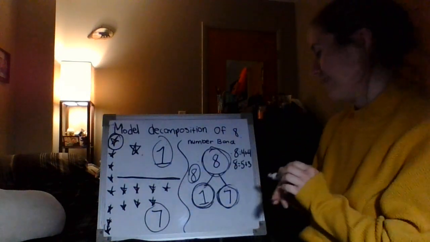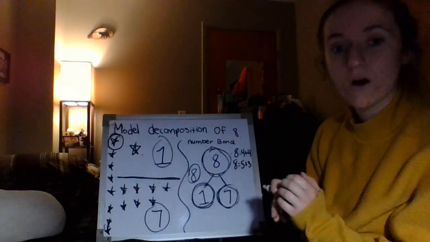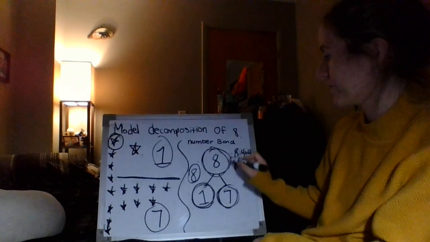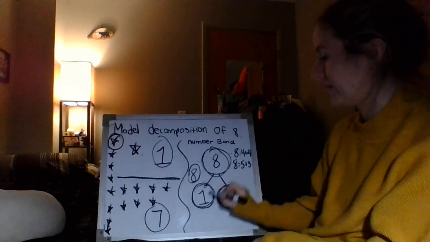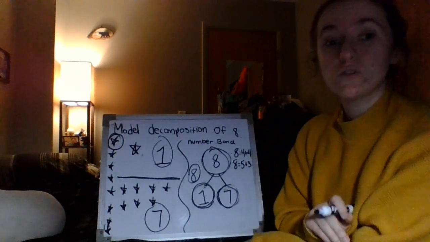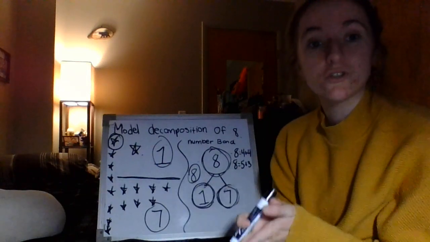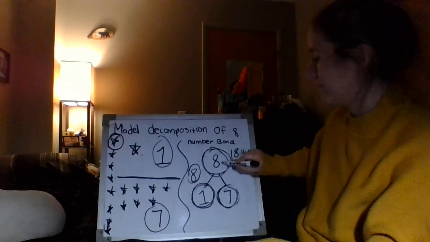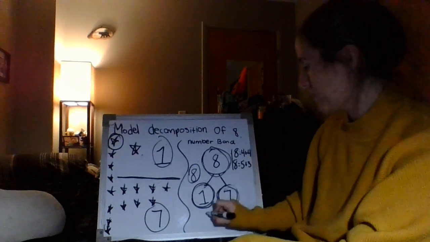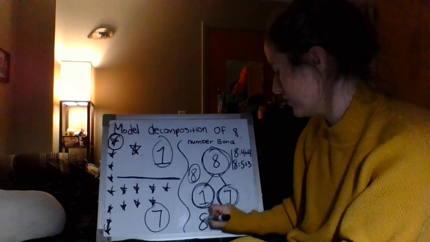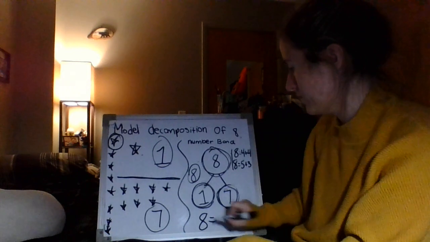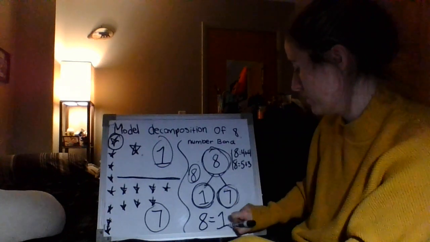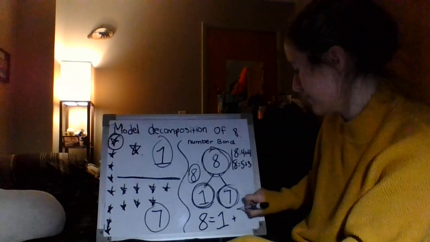Great job. And this is how we are going to write our equation for 8 broken up into 1 and 7. If you think you can write it on your own, please try. Please try writing the equations like this, but put in for this number bond. So we have 8, our equal sign, 1, our plus sign, 7.